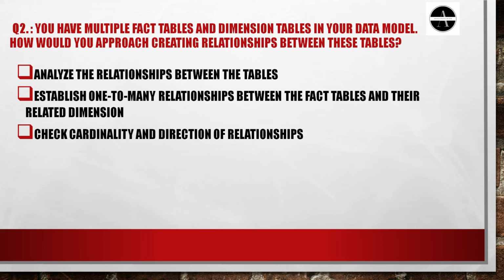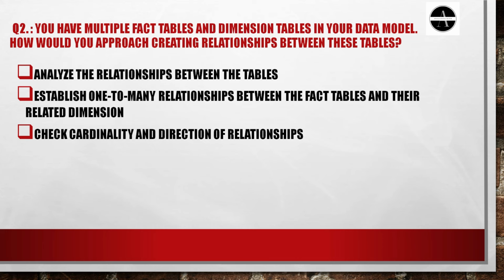Question number 2 is, you have multiple fact tables and dimension tables in your data model. How would you approach creating relationships between these tables? So the answer is, when dealing with multiple fact tables and dimension tables, I would first analyze the relationship between the tables and identify the common dimensions that can serve as bridges between the fact tables.